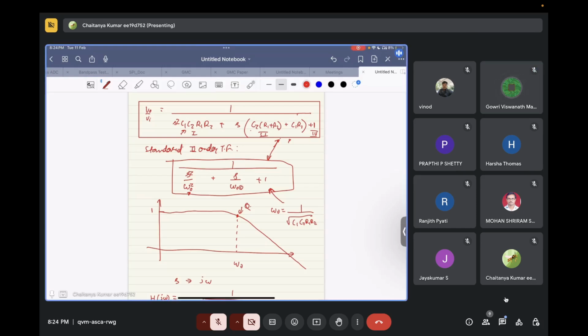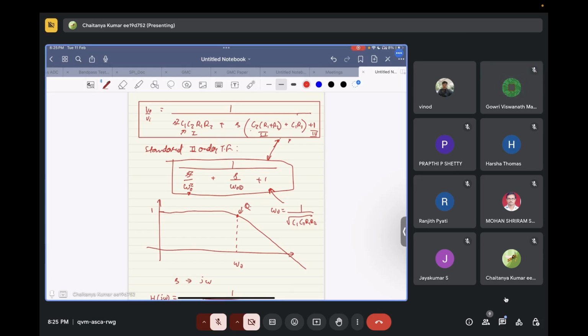So let's say the 3 dB bandwidth. At 3 dB bandwidth, what is the gain in the magnitude response? Do you know this? 0.707. 0.707 or square root 2? 1 by square root 2. Okay.